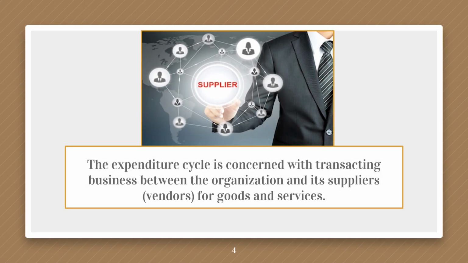We should understand that the expenditure cycle is concerned with transactions between the organization or company and its suppliers and vendors for goods and services. So what is the transaction flow between suppliers and the company? First, sending the purchase order to the suppliers or vendors and receiving the quotation.